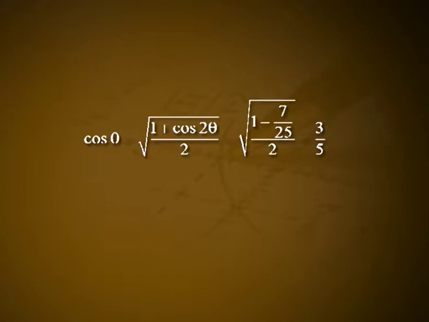From the triangle, we obtain cos 2 theta is equal to 7 by 25, which implies that cos theta is equal to square root of (1 plus cos 2 theta) by 2, which is equal to square root of (1 plus 7 by 25) divided by 2, which is equal to 3 by 5.